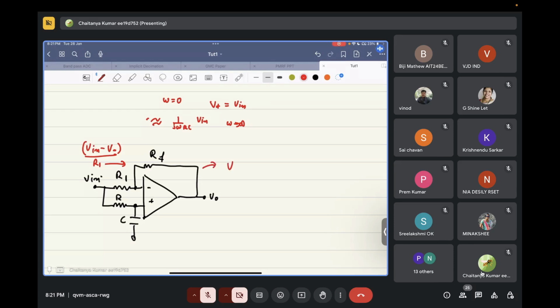And the output voltage will be V minus minus of Vin minus V minus by R1 times RF. Is this clear? I hope this is clear, guys.